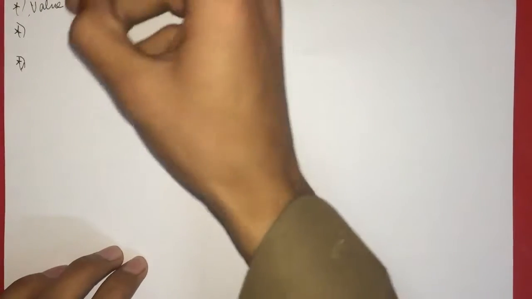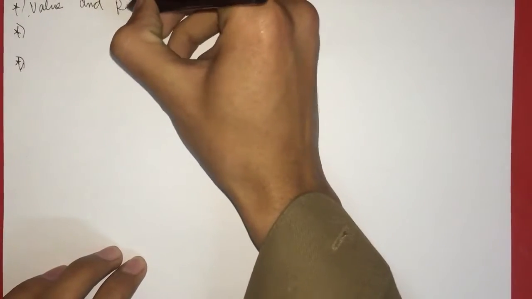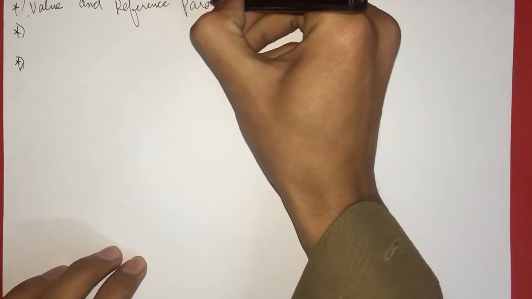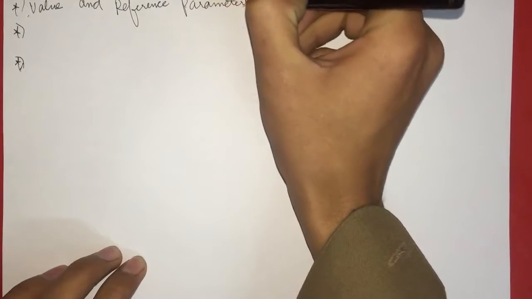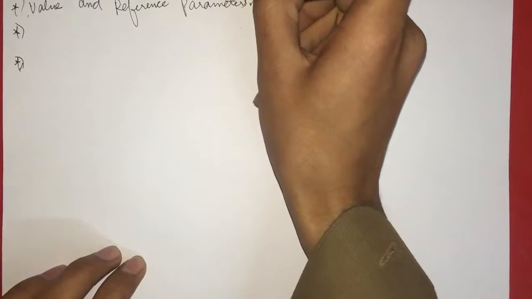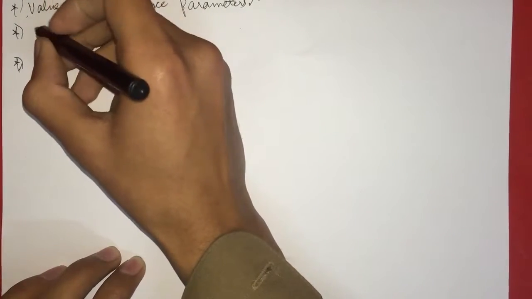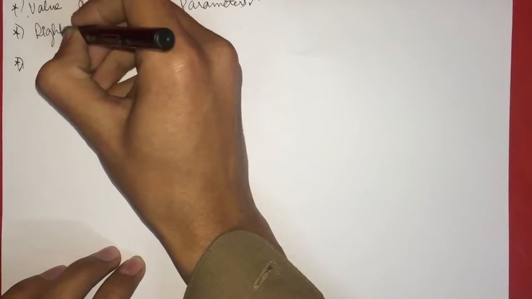What we learned today at the university was about value and reference parameters, and then we did an example program of this topic, which I'm going to discuss as well.